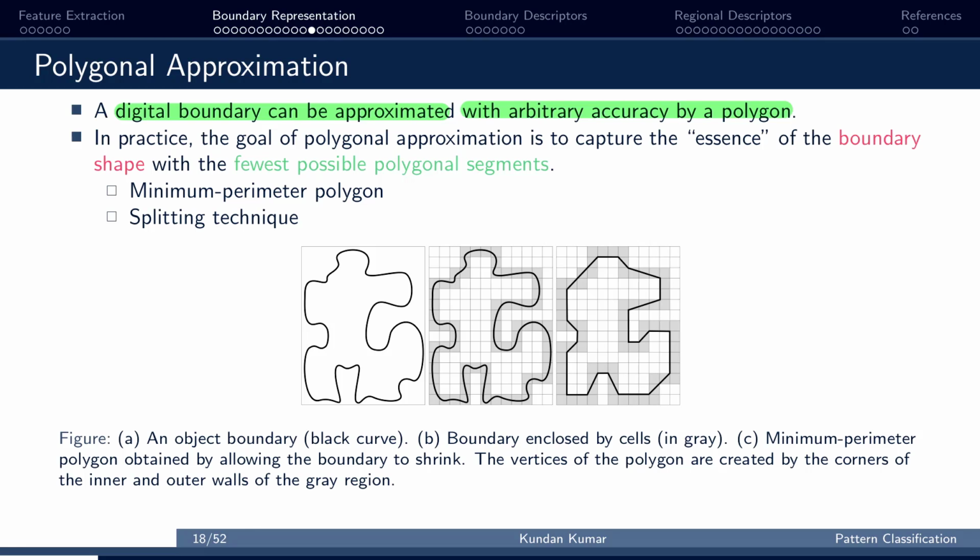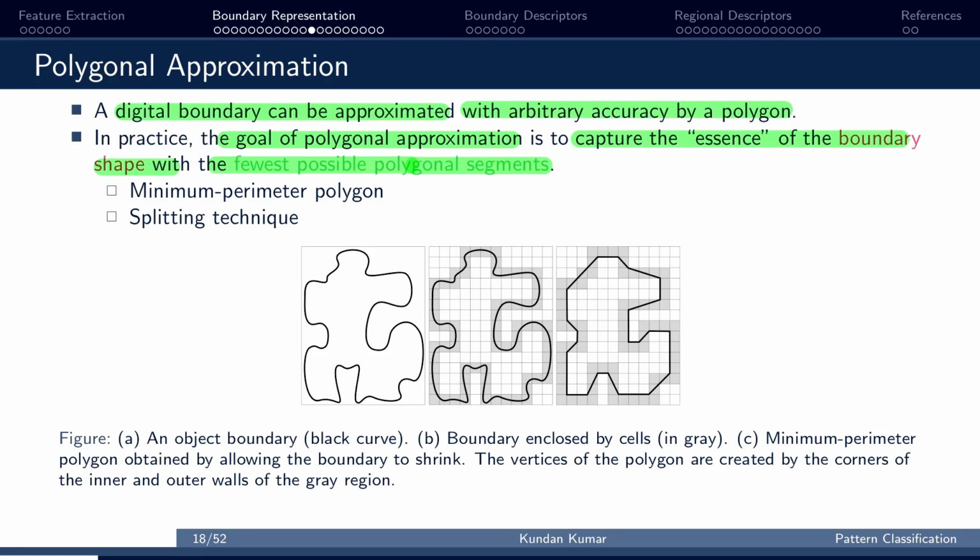In practice, the goal of polygon approximation is to capture the essence of the boundary shape with the fewest possible polygon segments. So this polygon will represent the boundary. It totally depends on the grid size that we select to downsample our boundary image.